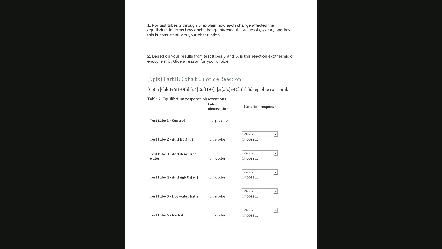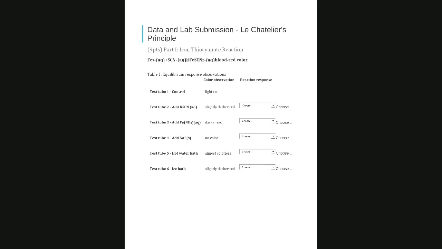And then in here, they're asking, for test tubes 2 to 6, explain how each change affected the equilibrium in terms of how each change affected the value of Qc or Kc and how this is consistent with your observation. So we'll do one, and let's go back here and do number 2. Let's look at this.